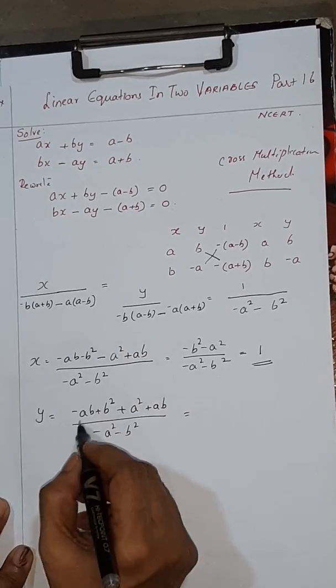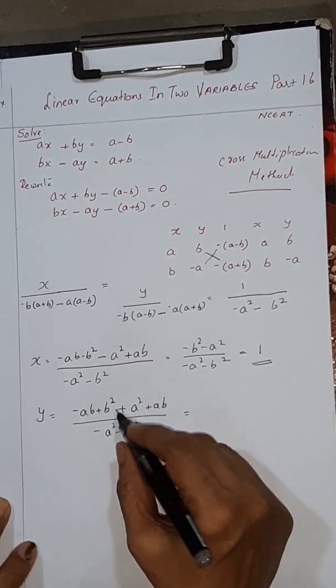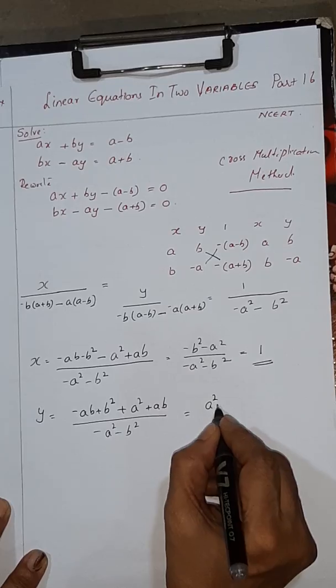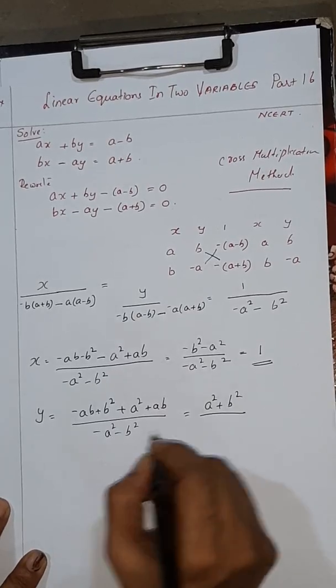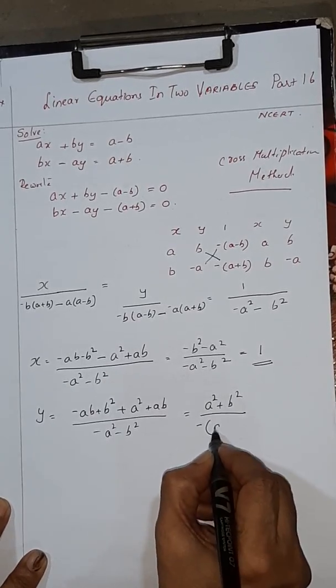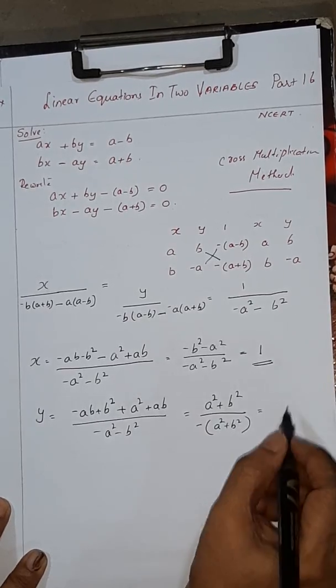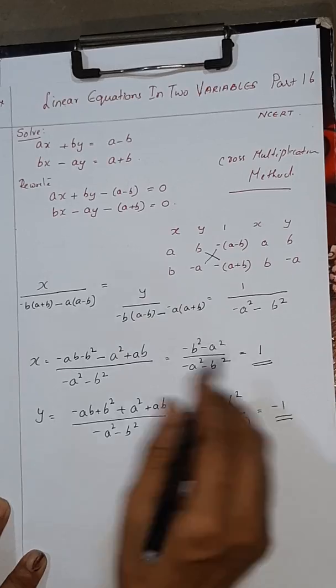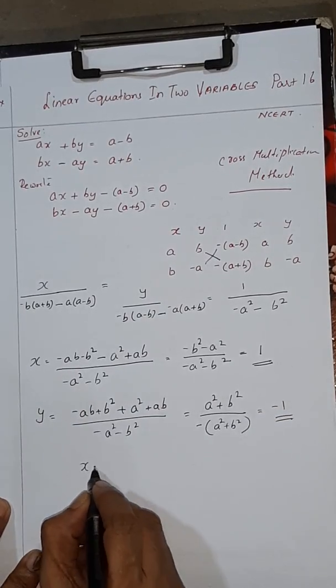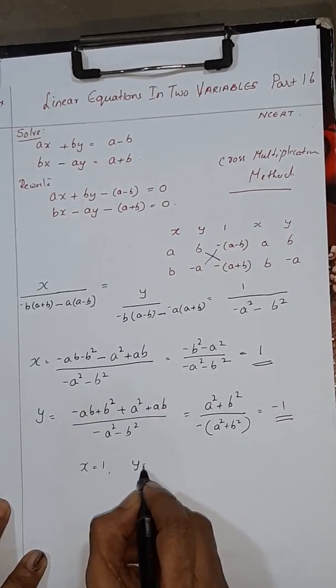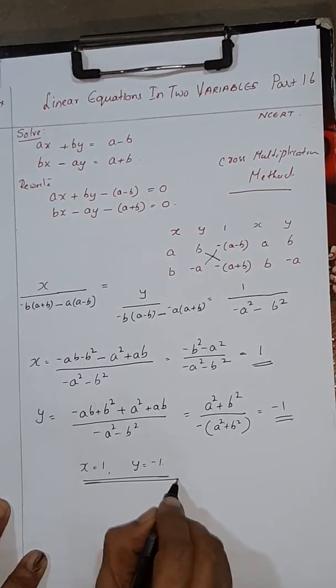Here minus ab and plus ab will get cancelled. So I will get a squared plus b squared. Here I can write this as minus of a squared plus b squared. This and this will get cancelled and you are left with minus 1. So the value of x is equal to 1 and y is equal to minus 1.